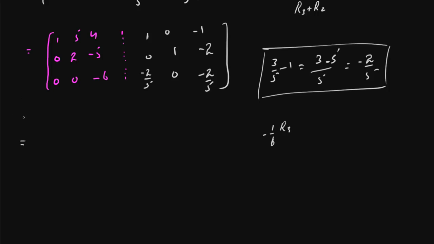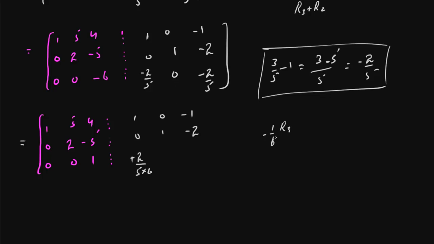Therefore we write 1 5 6, 0 2 -5, 0 0 and 1, and next 1 0 -1, 0 1 -2, and we have -2 over 5 multiplied by 6, that will convert to plus, because we have -6 and it will multiply by 2 over 5, and we will get 5 multiplied by 6, and our answer will be something, let me just do that.